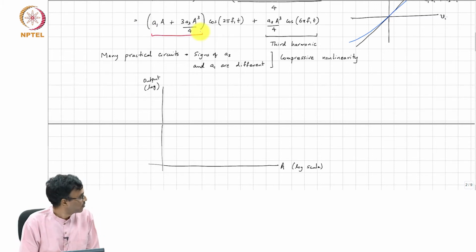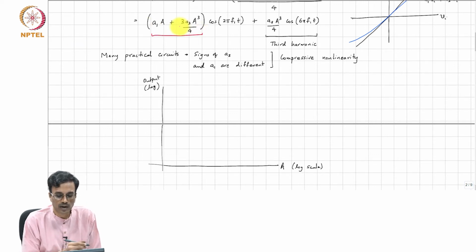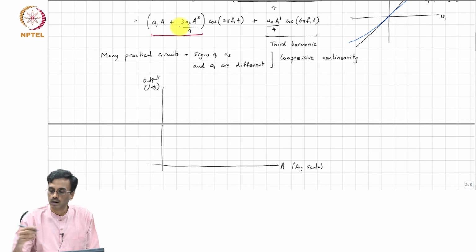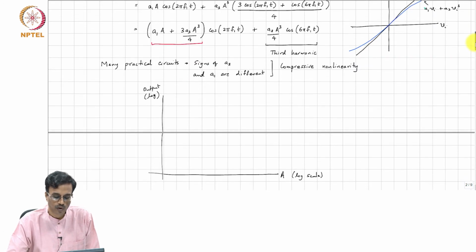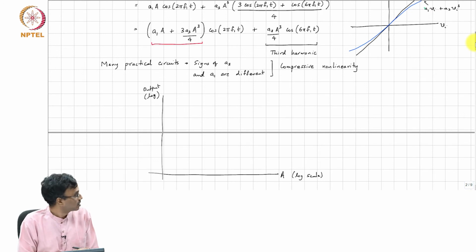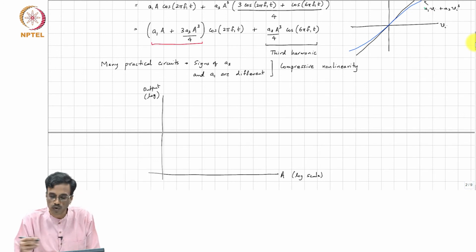So, as you keep varying A, remember which is going to be the dominating term? A 1 A is going to be much larger than 3 A 3 A cube by 4.